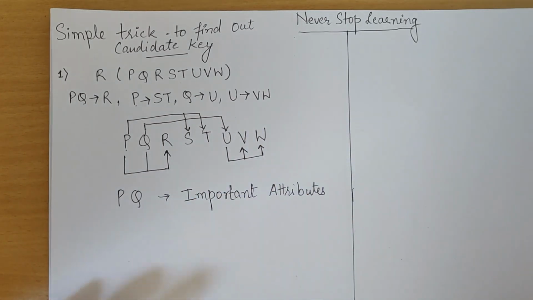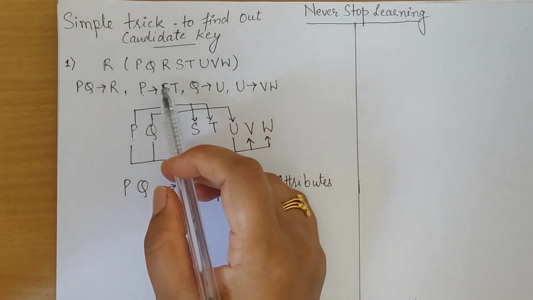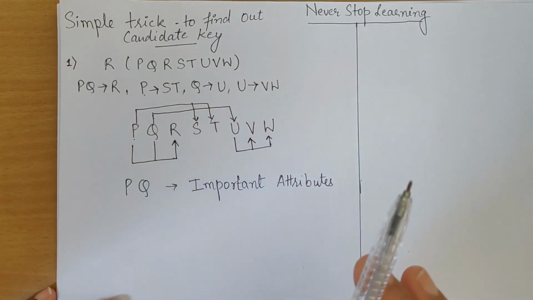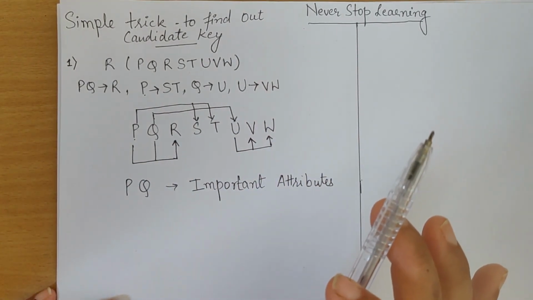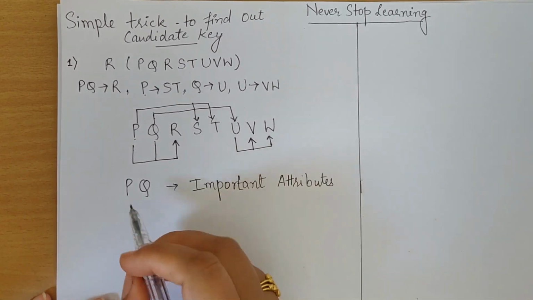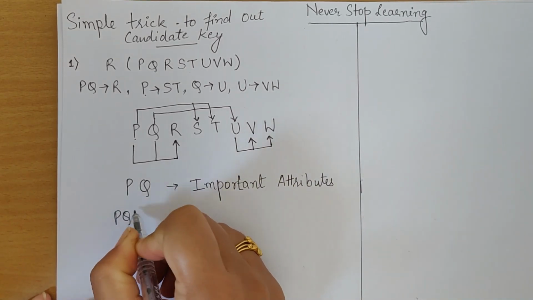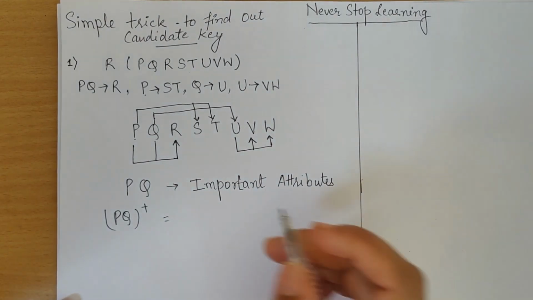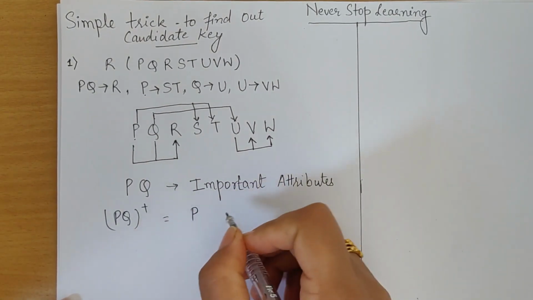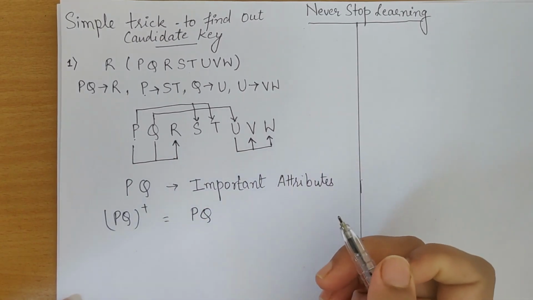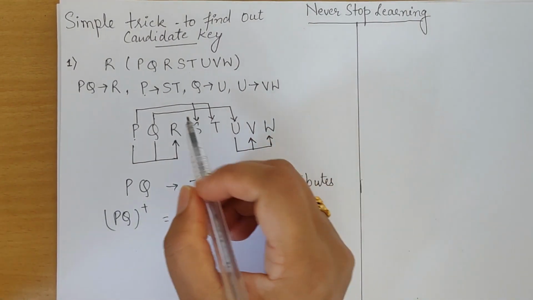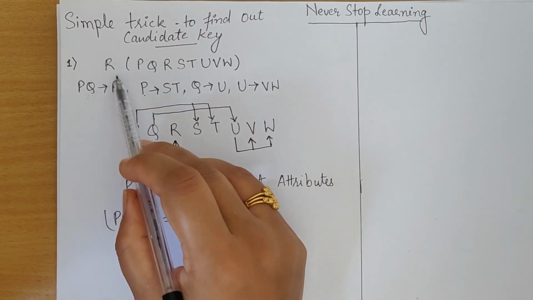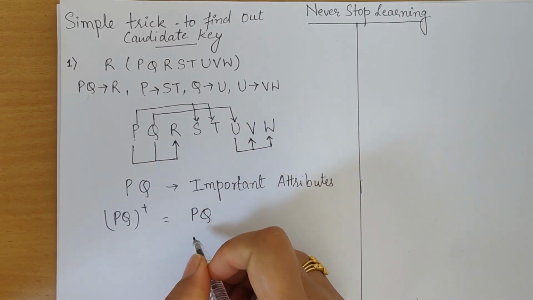Fine. So now, instead of doing closure of P, Q, R, S separately, we know the important elements, and we will check the closure of only those elements, right? So it will save your time. So I will take the closure of P and Q. First step, closure of PQ, I will get PQ, right? Then second step, any dependency directly? Yes, PQ determines R, if you can see here, right?